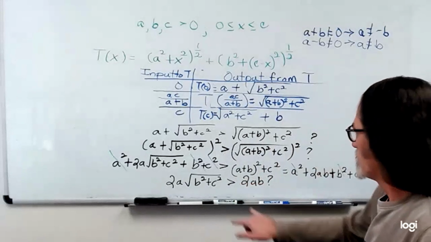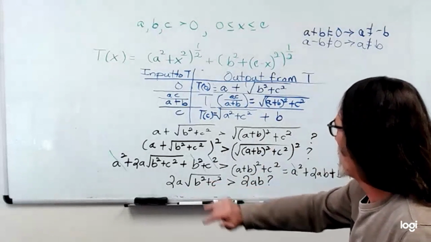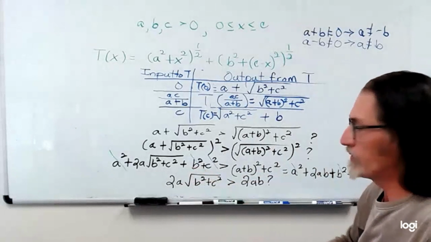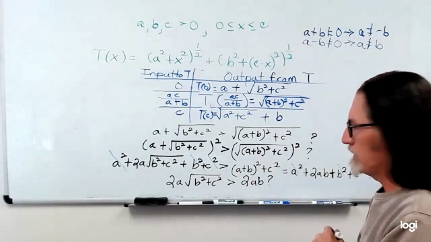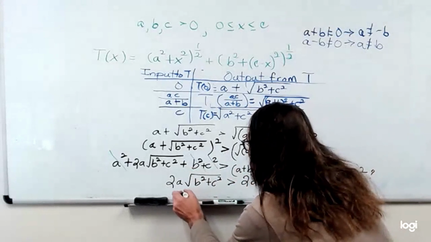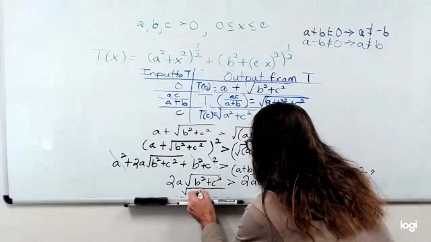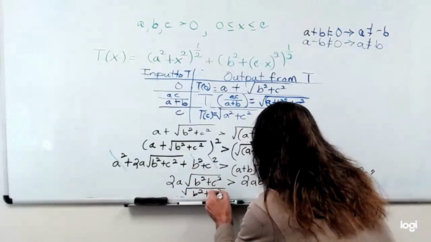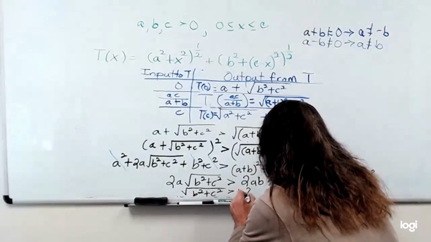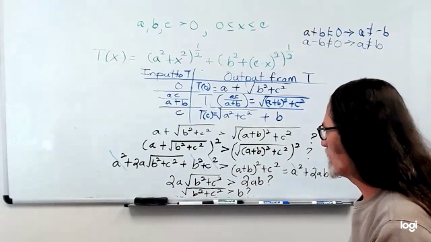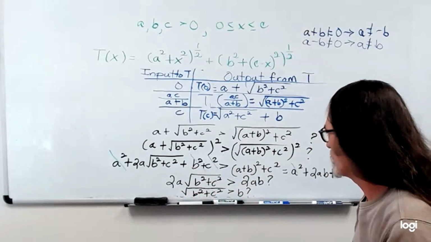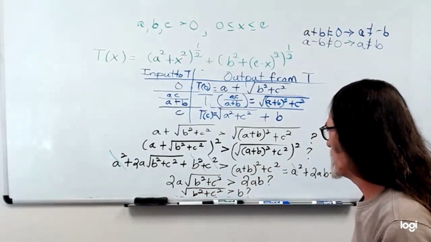Since a is greater than 0, and of course 2 is greater than 0, we can divide both sides by 2a. So this boils down to: is the square root of all of b squared plus c squared greater than b?